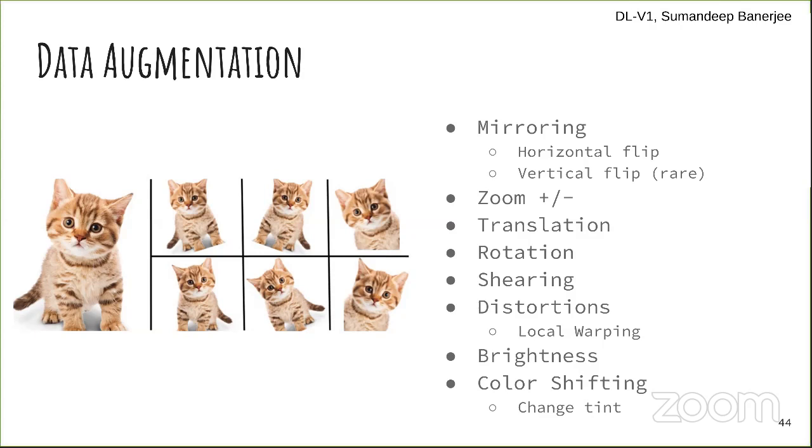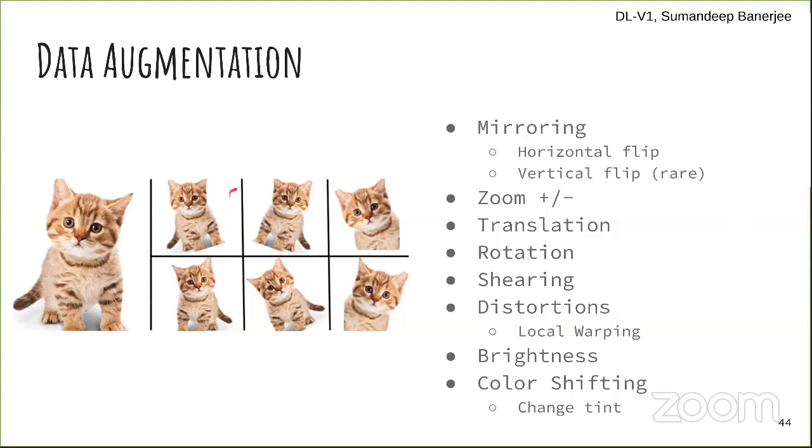We annotate just one image and synthetically generate more images of the cat, which could represent different variations of how the cat would look, by mirroring, which is horizontal flip, vertical flip, and zooming. On the right corner we have zooming, so we are zoomed into only the face of the cat. The face of the cat is still a cat, the full cat is a cat. So when we are doing classification, we can get either of the images as our test image.